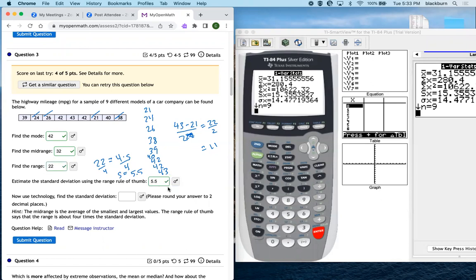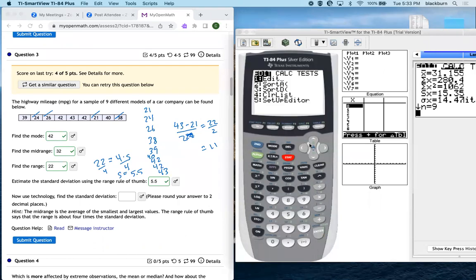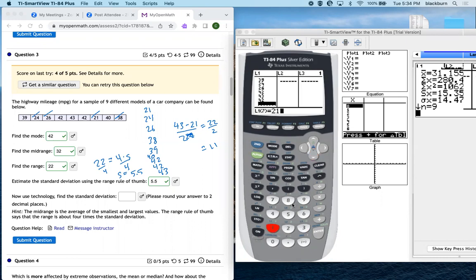And then now use technology to find the standard deviation. So then I go back to my calculator and I put all those in. Let's see, stat, edit, clear, enter, throw them in, right? 39, 24, 26, 42, 43, 42, 21, 40, and 38.